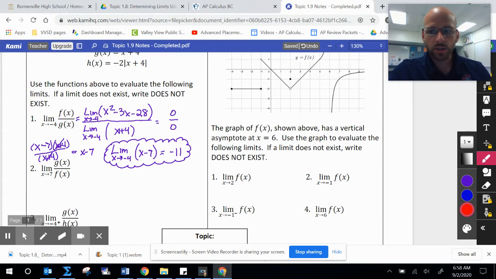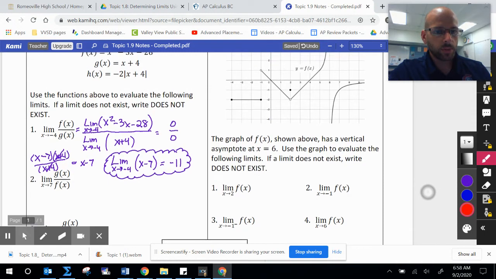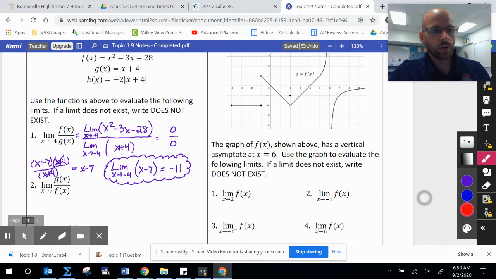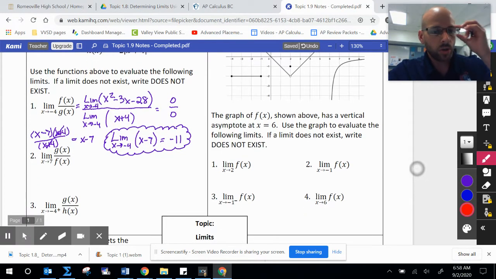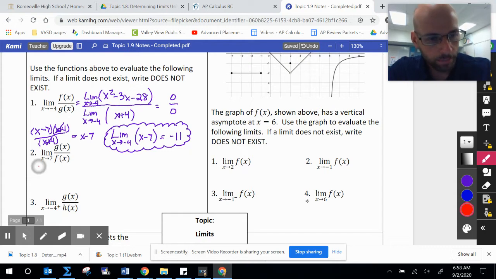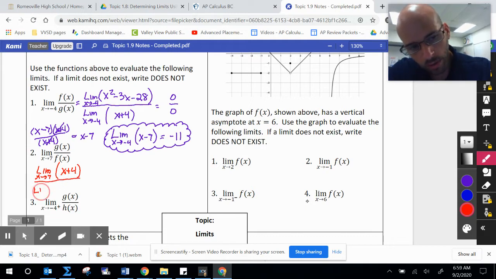We'll change colors up here. For number two, I'm going to do g over f. So I'm going to flip-flop it, but we're going to do it as x approaches 7 instead. So the limit as x approaches 7 of x plus 4, that's g, all over the limit as x approaches 7 of x squared minus 3x minus 28.